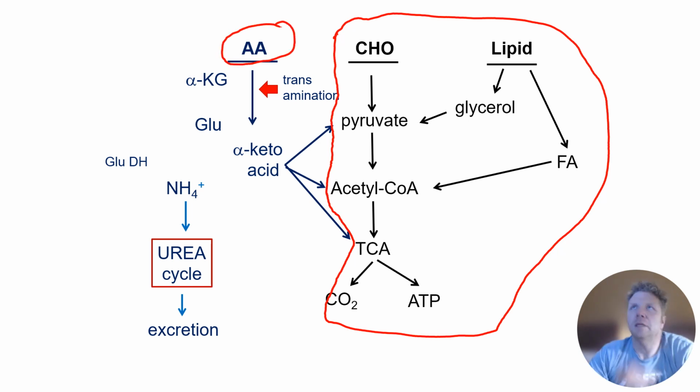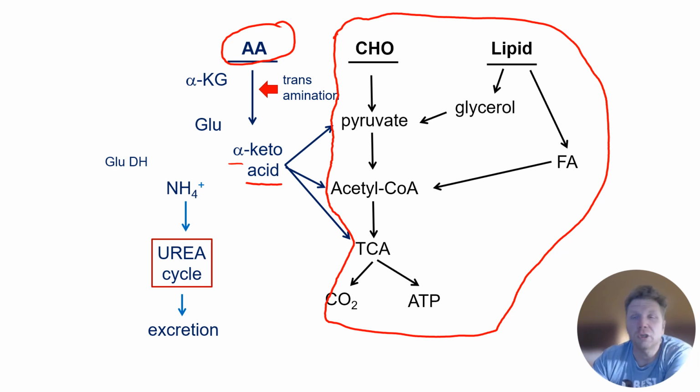Now, this might seem like a little bit of a stretch, but because we haven't used this term very much, we've talked about these molecules though. Alpha keto acids. We have talked about alpha keto acids because alpha ketoglutarate is an alpha keto acid. Pyruvate is an alpha keto acid. Now, if I asked you how to metabolize pyruvate, would you have a sense of how to do that?